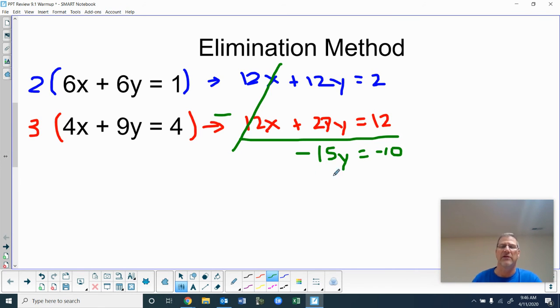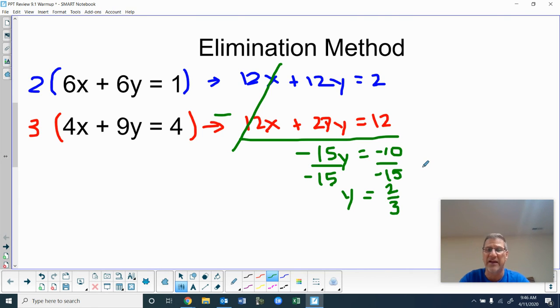All right, and then finish it up by dividing by negative 15. And that gives me a positive, and that reduces to 2/3. That fraction, it's okay to get fractions. You're not wrong. Okay? So now I got half done.